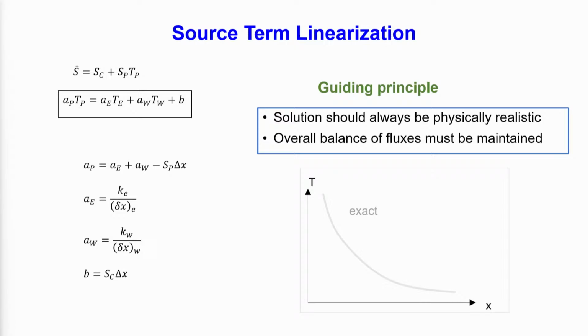Now, we had the source term S, but we do not yet have a standard way of integrating the integral of S dx. Why is that important? Because the source term can also be a function of temperature.